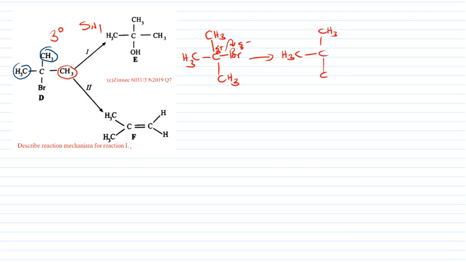So we get the carbocation intermediate plus bromide. Then we are adding hydroxide. Alright, so that's the mechanism for reaction 1.